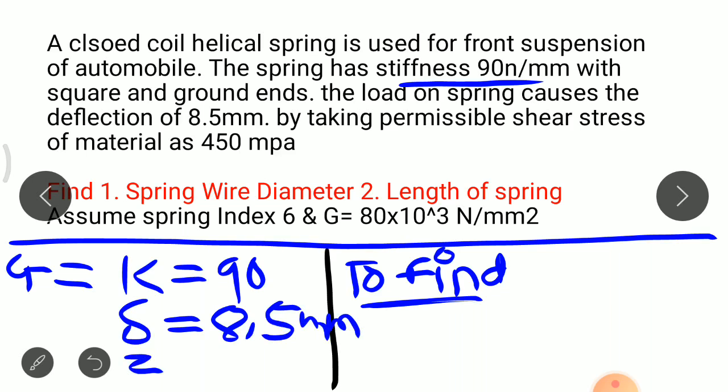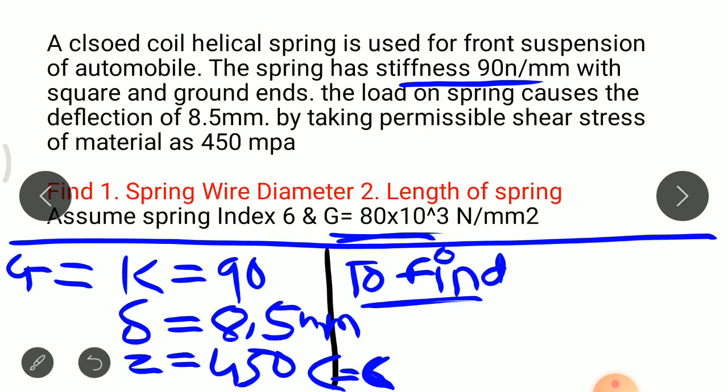Then the value of tau is 450 MPa and spring index C is equal to 6. After that, the value of G is equal to 80 into 10 raised to 3 Newton per mm square. This is the given data.